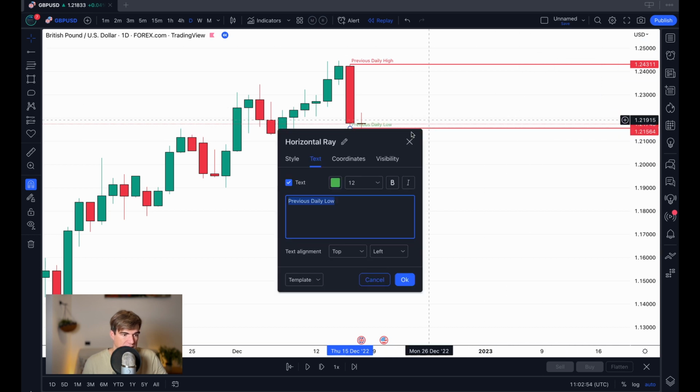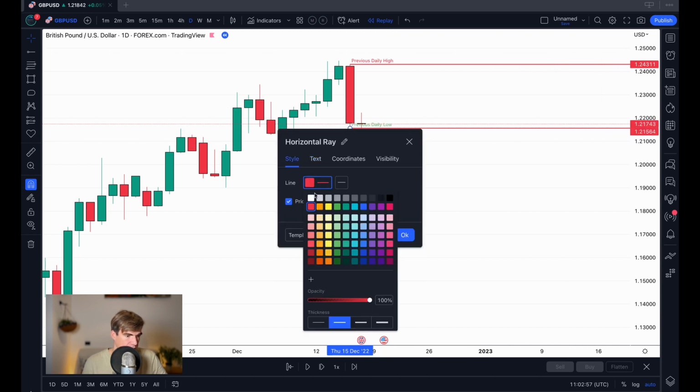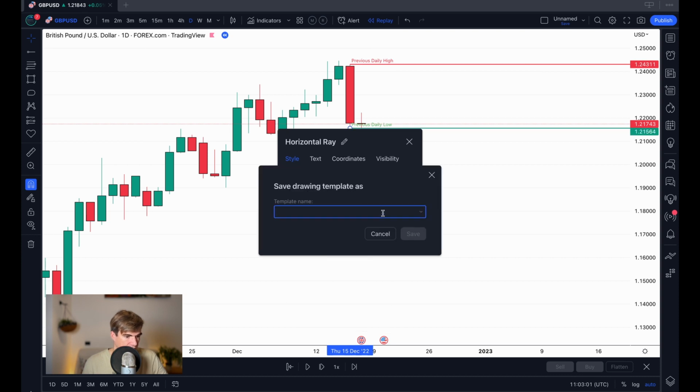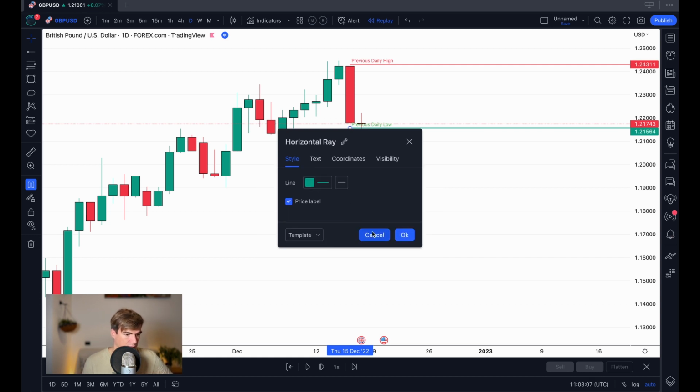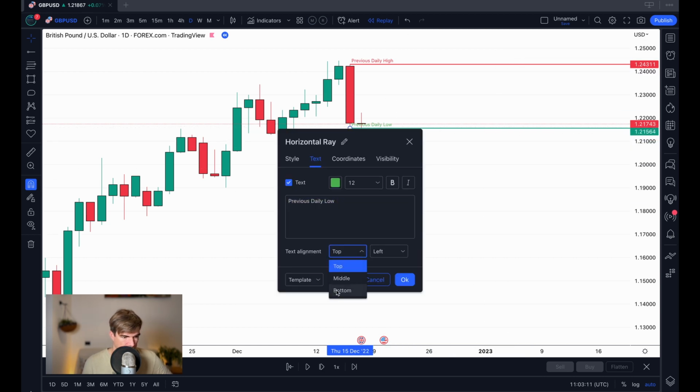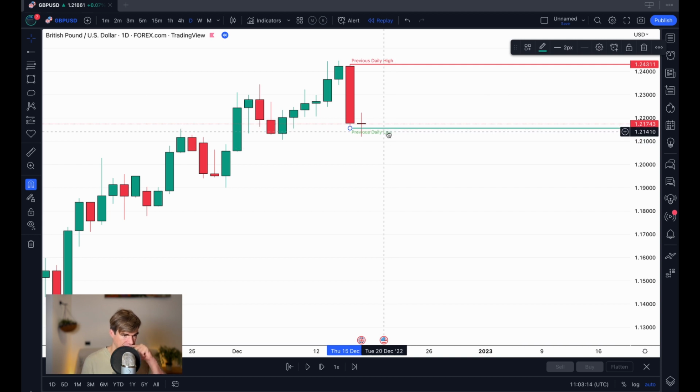If we change that to green and save that as the daily low, that's okay. And actually I want to put that below the bottom side so we can see it. So now we know we have our arena where all the trading happened yesterday.